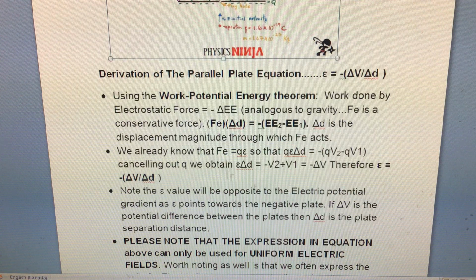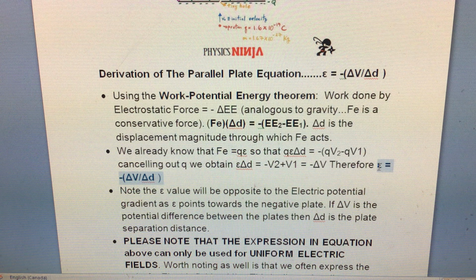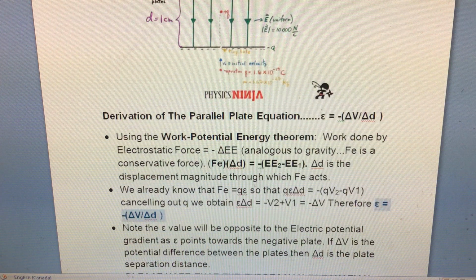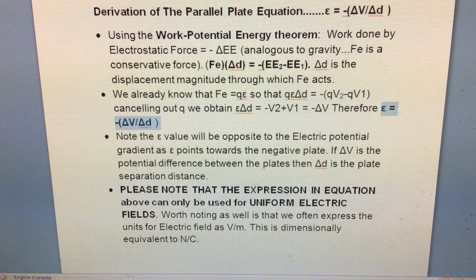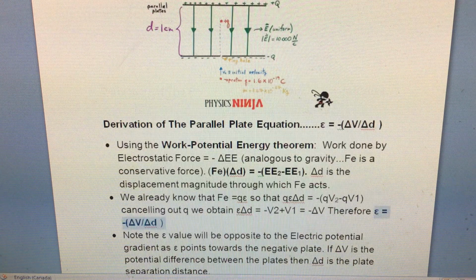This equation, the parallel plate equation, is very useful for dealing with problems between parallel plates. But there's an important caveat you have to remember: it only works if the electric field is uniform, which is fine for parallel plates.